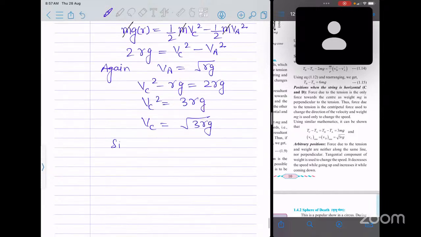Similarly, the speed at point D is also square root 3Rg.